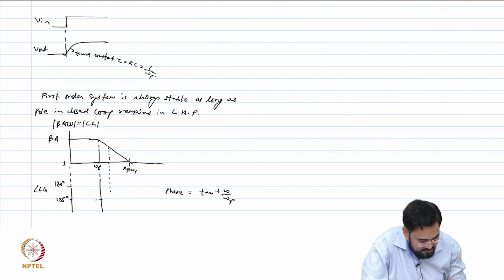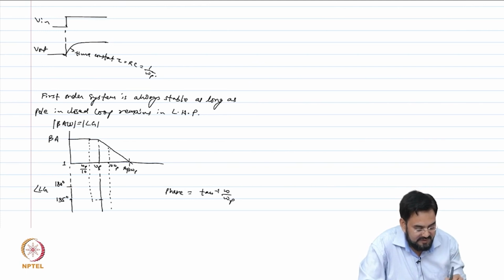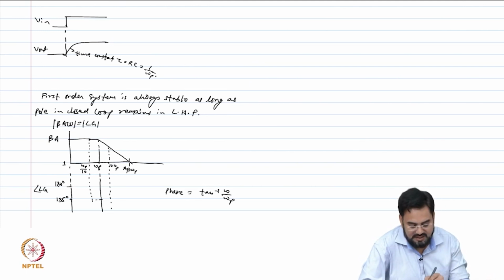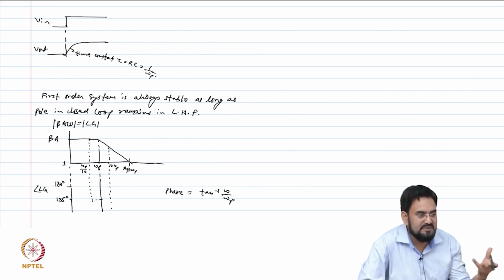When you draw your Bode plot, you always take the logarithmic scale. So you mark omega p by 10 and 10 times omega p. This is the point where your phase will start dropping, tan inverse 0.1. Before that it will be roughly 0.